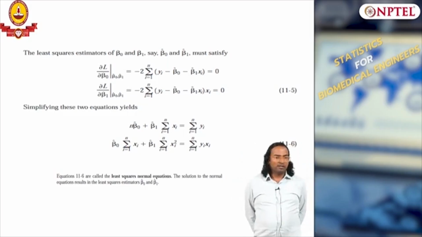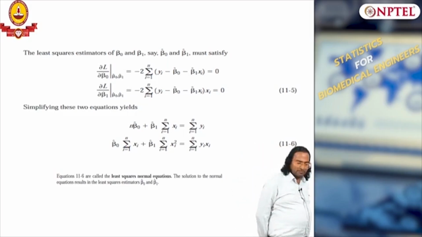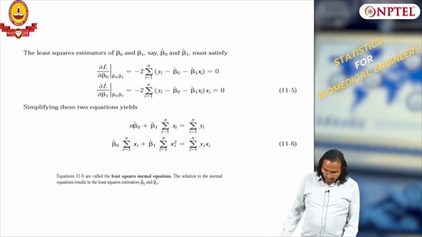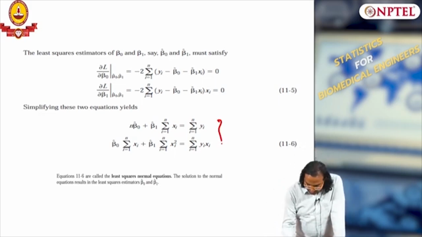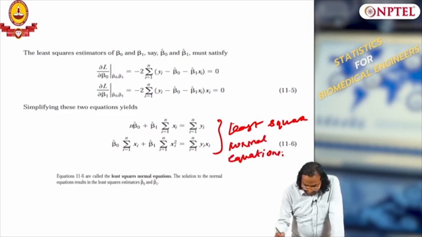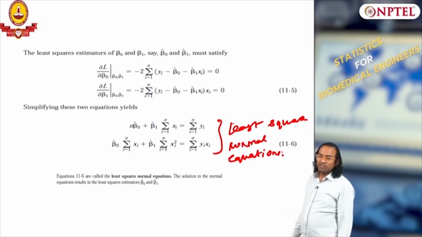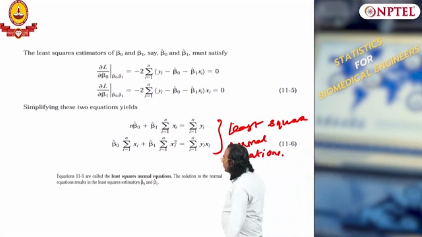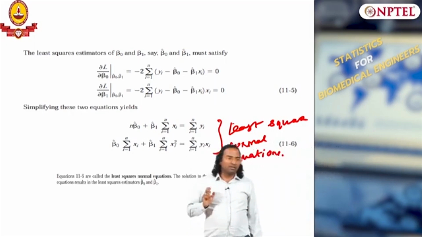This is called least squares, because we are minimizing the squared error, and these are the normal equations obtained after partial differentiation. When you solve these 2 equations, you get beta naught and beta 1.